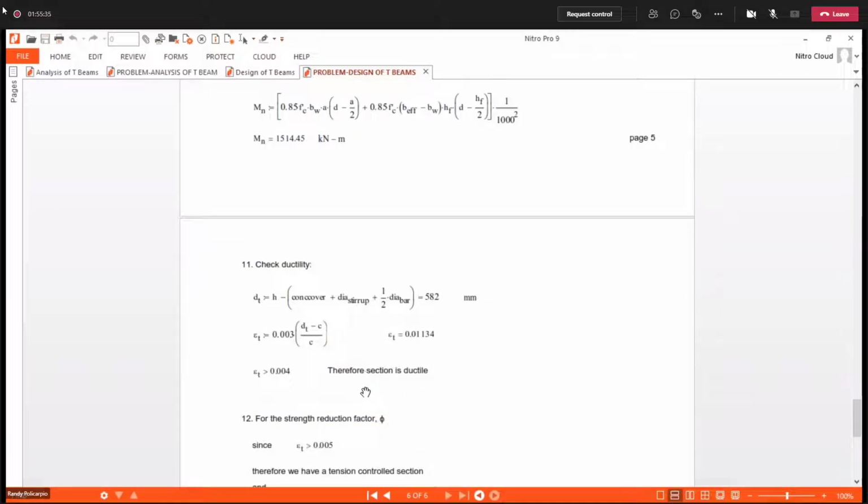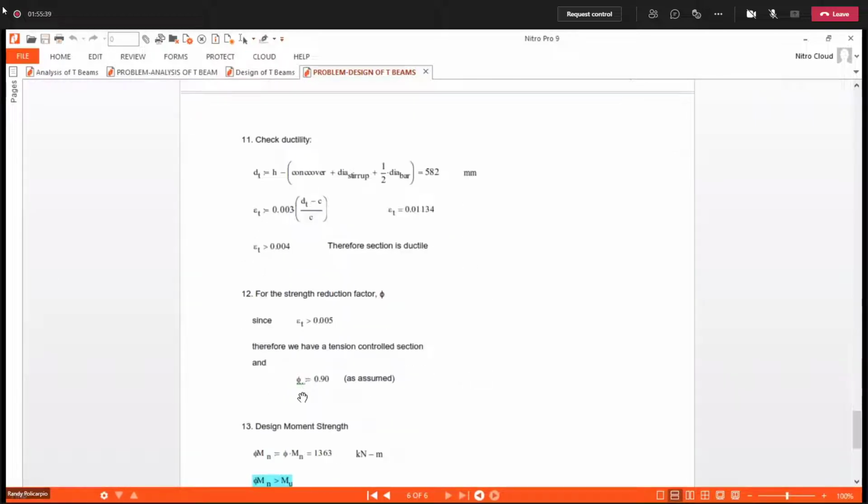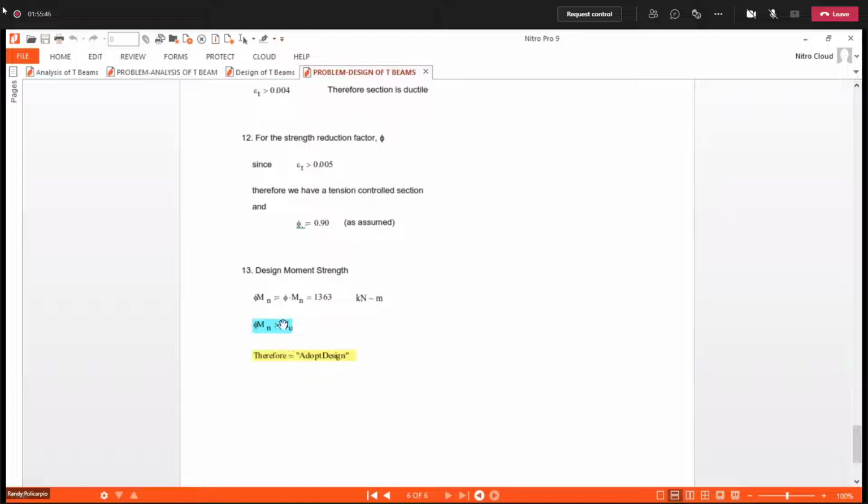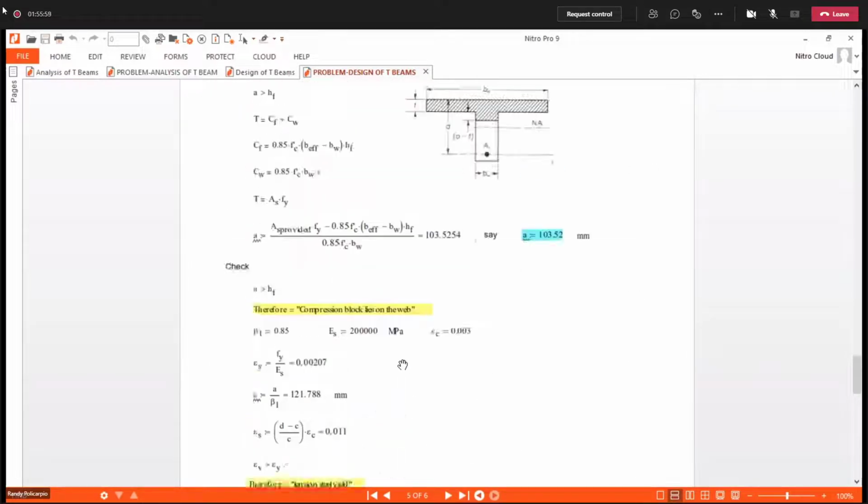It shows here that our section is ductile. And for the strength reduction factor, it is 0.9. And this is now our moment capacity. Our design moment strength now is greater than MU. Ano yung MU natin?